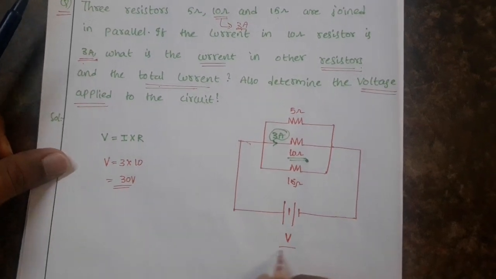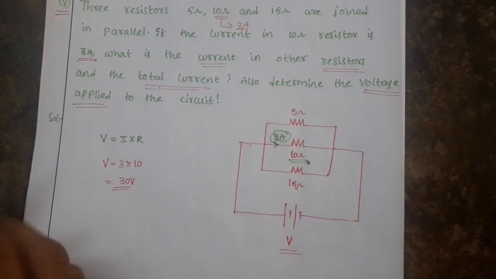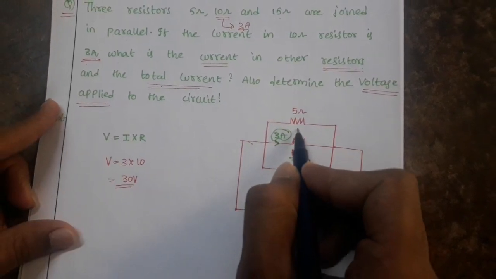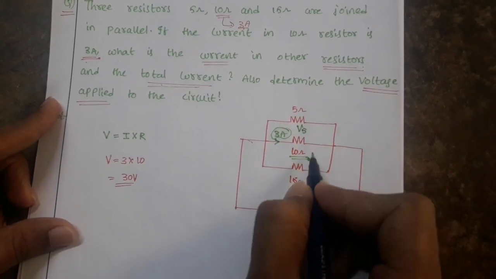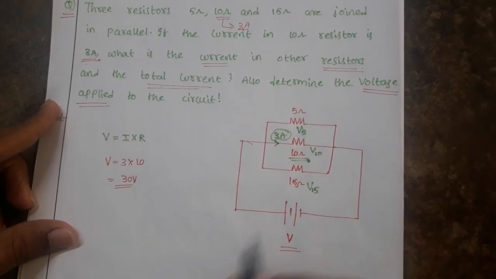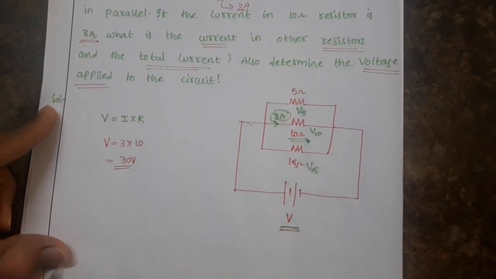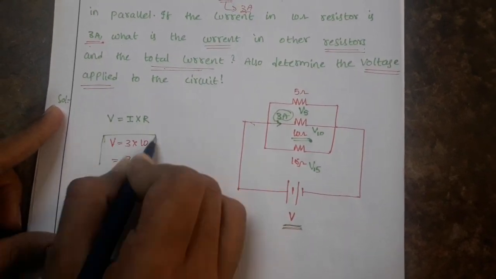Therefore applied voltage is 30 volts. This is because we know that in parallel the voltage is the same, that is, the voltage across the 5 ohm resistor, the voltage across the 10 ohm resistance and the voltage across the 15 ohm resistance is equal to the applied voltage. So applied voltage is 30 volts.